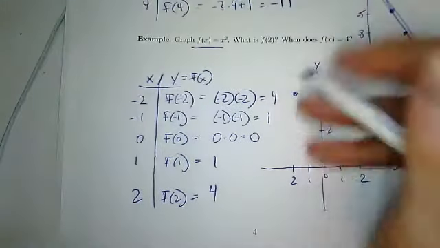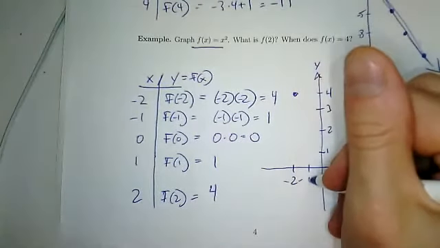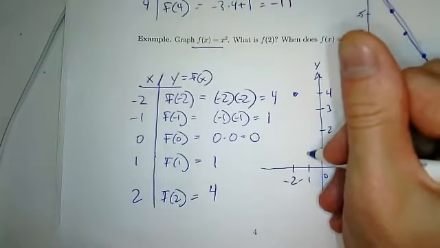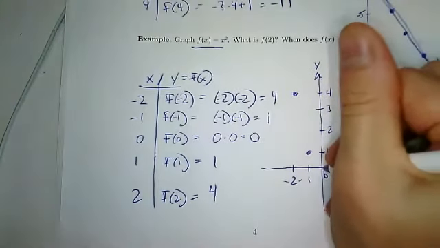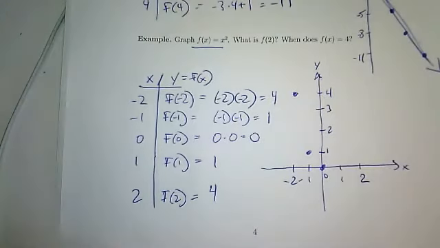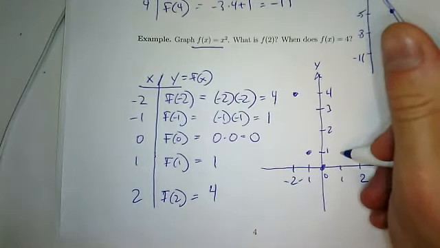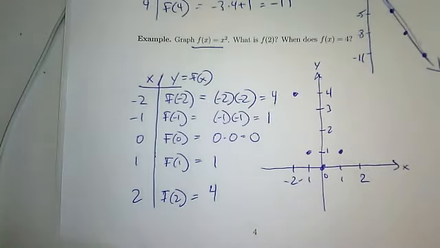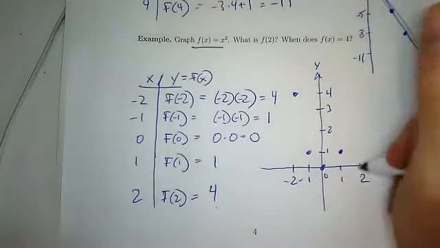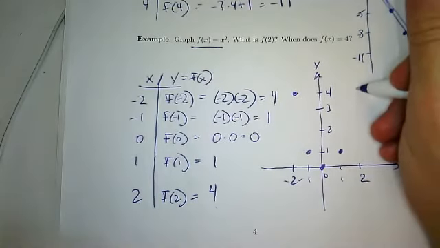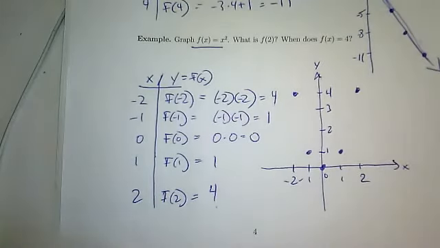At -1, it's 1. So -1 is here, so it's up to 1. 0 at 0, so it's right at the origin. At 1, my y is 1, so I go over to x equals 1, and I put a dot at y equals 1. At 2, it's 4 again. So at x equals 2, I go up to 4. And now you just connect the dots.